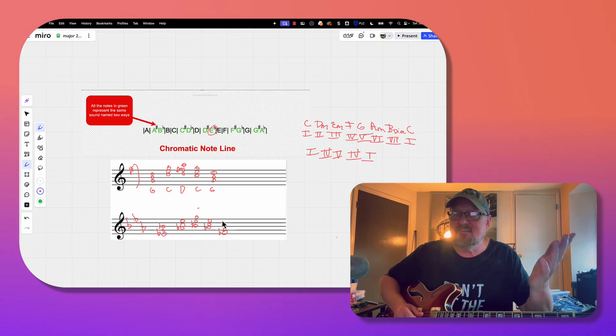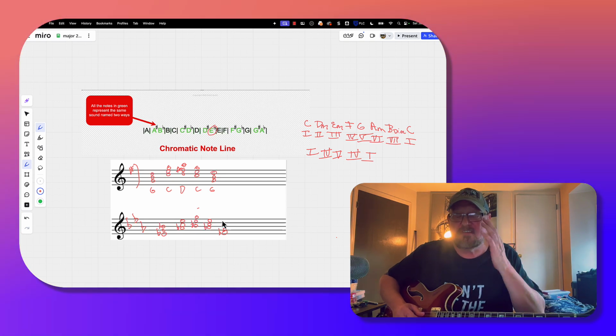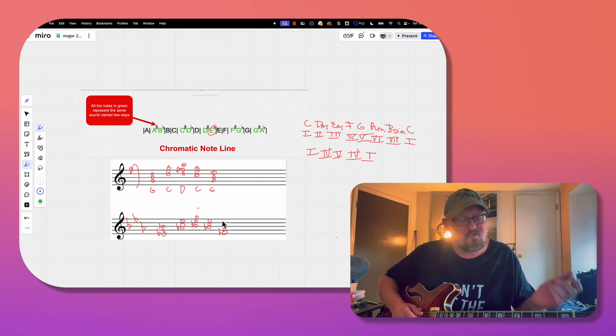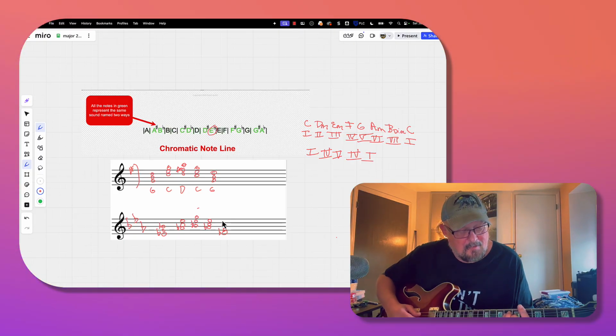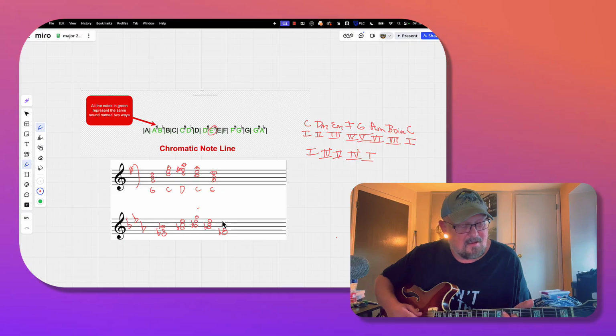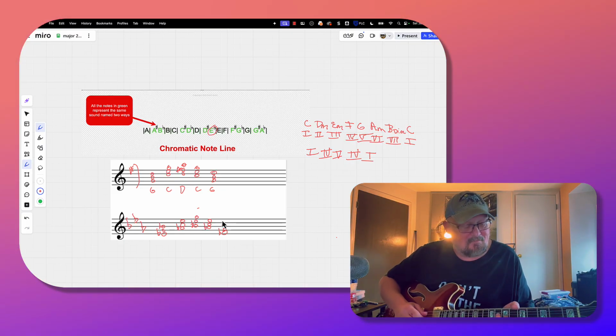Just get the key signature, realize what the notes are, the major and minor chords, and those will be the ones you mostly work with, diatonic chords. Don't worry too much about the 7 chord right now. But so in E flat, it's E flat, A flat, B flat, A flat.